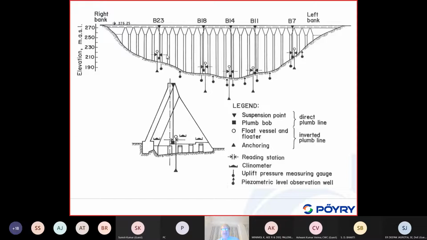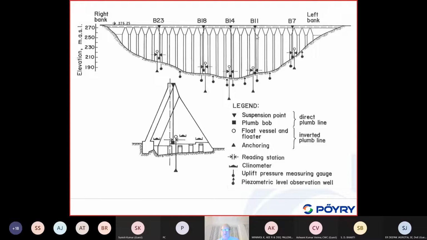I do not go into the detail, but with the plumb line, you have the advantage, based on the results, to see the remaining deformations after the earthquake. There are also some joint meters on the surface to see if there are any relative displacements between different buttresses.